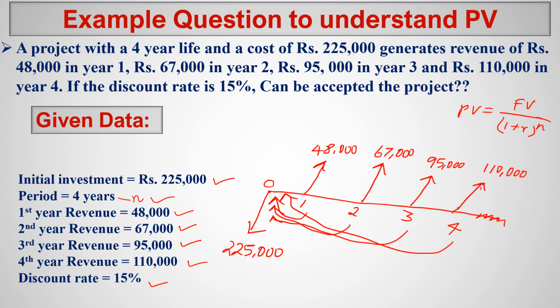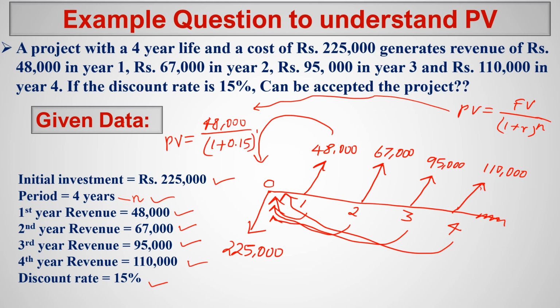So we can do it in table format in the next slide. I'll show you how to bring down the first year revenue to the present value. Very simple. The same equation we are applying: present value equals the first year future value, 48,000 we are getting in the first year, divided by 1 plus r, which is 0.15 because it's 15%, to the power 1 because it's the first year.